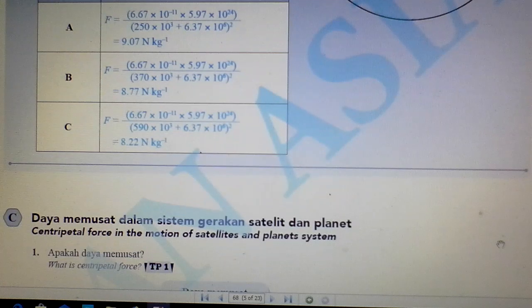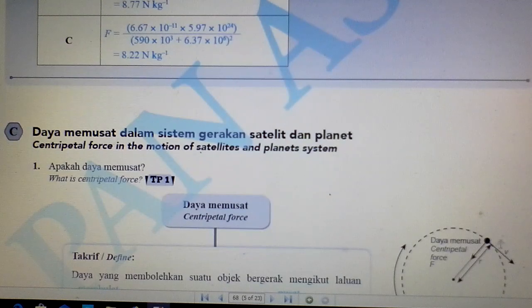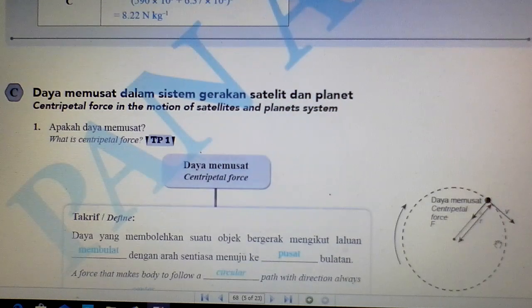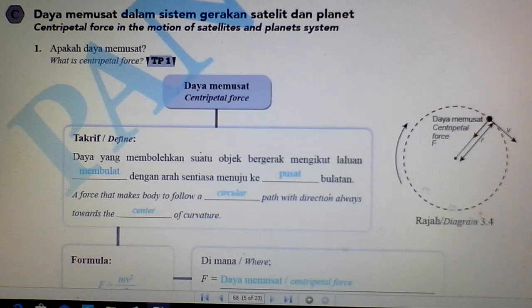Okay, part C. Part C is about centripetal force in motion of satellite and planet system. So what is a centripetal force?